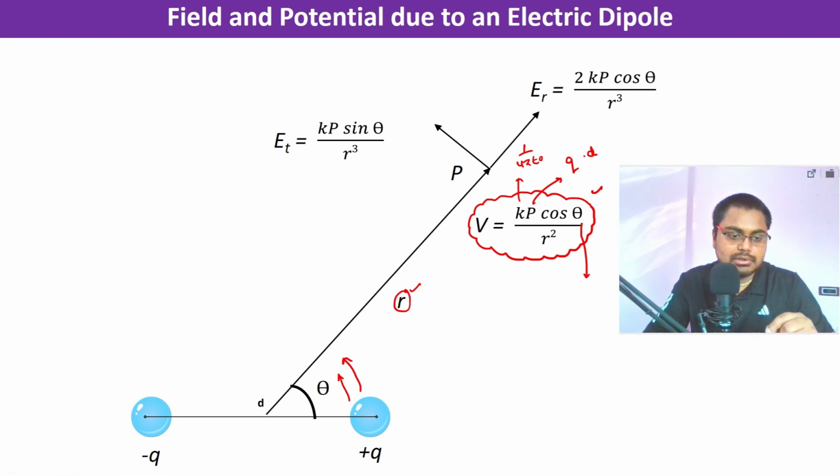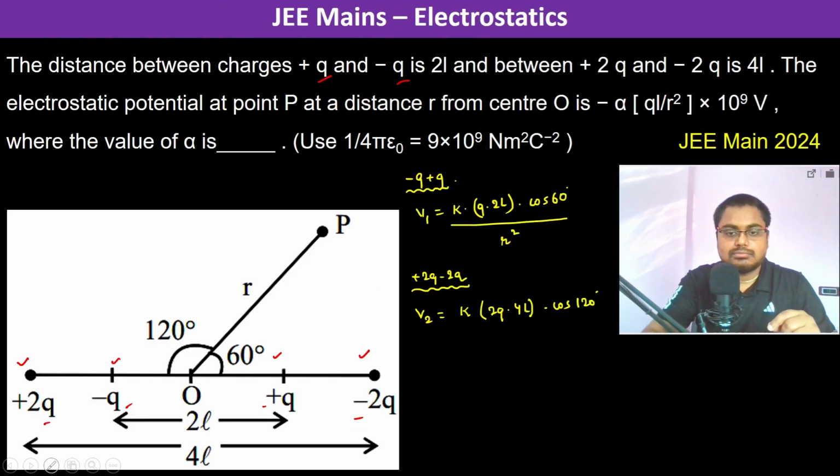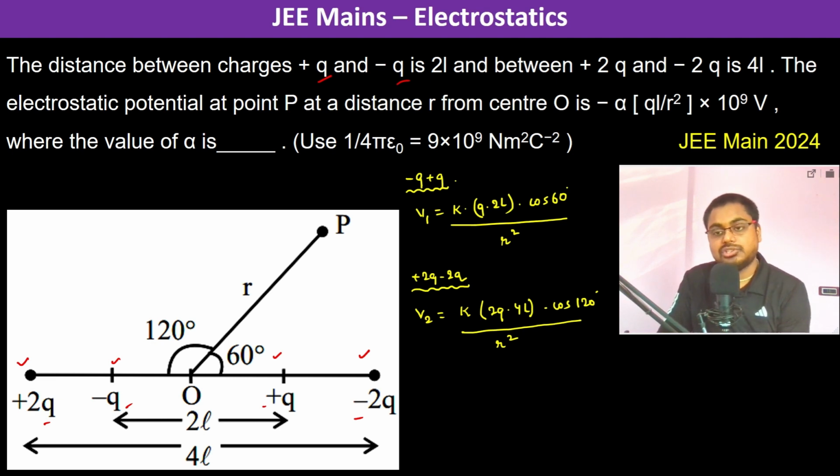So it's like this, divided by r square. Now the potential is a scalar quantity and it's going to be algebraically added.